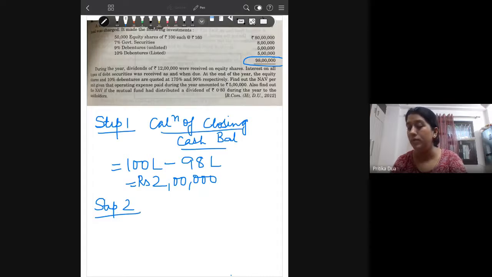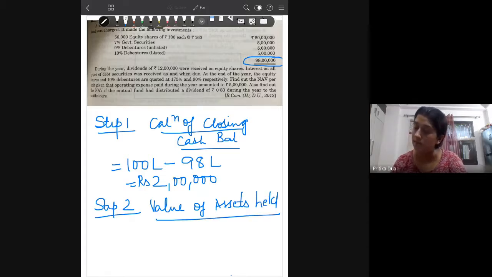So now you calculate the value of assets held. The first and foremost asset that will be considered is cash balance, ₹2 lakh.